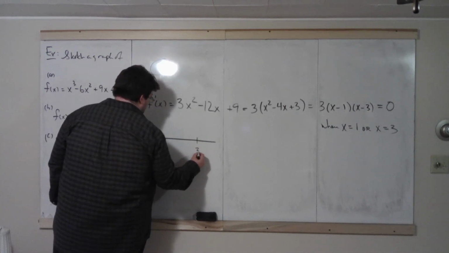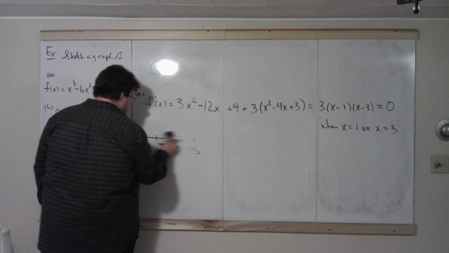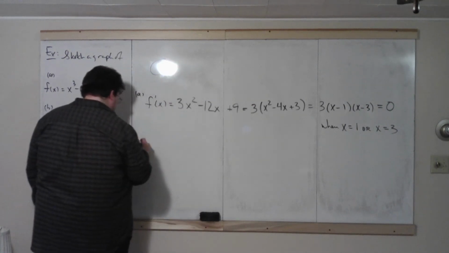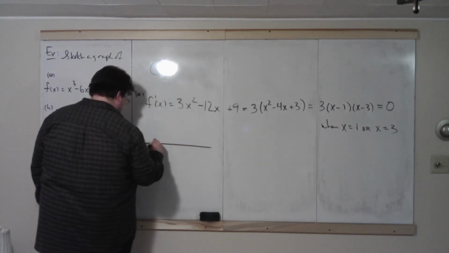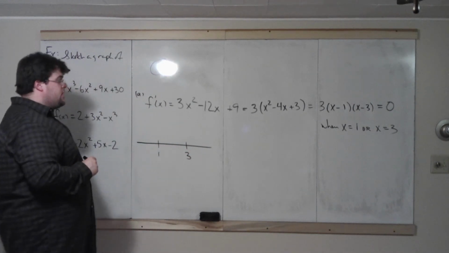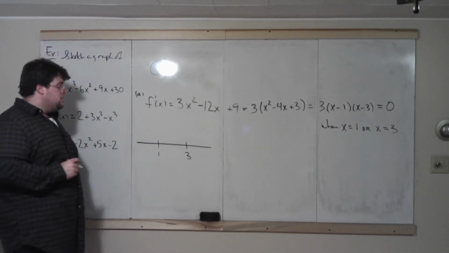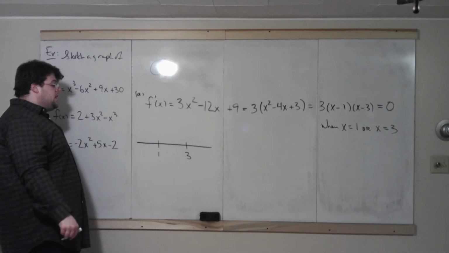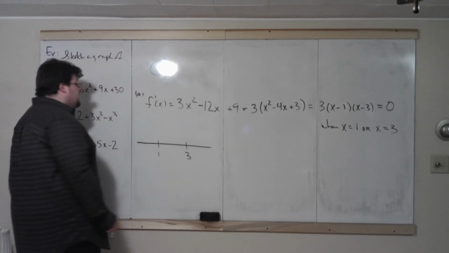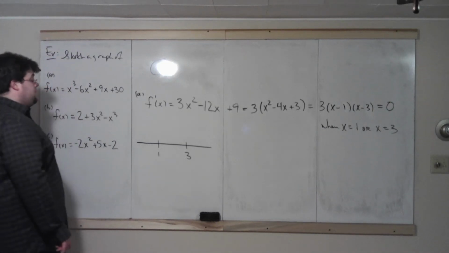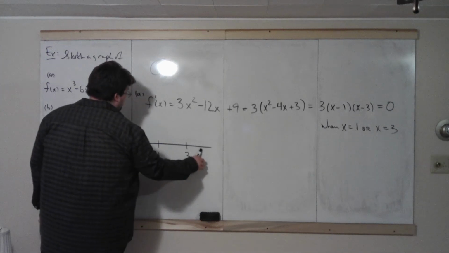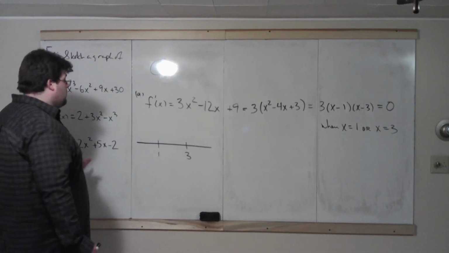So at 1 and 3, the first derivative is 0. That means over here, it's on one side of 0, in here it's potentially on another side of 0, and over here on another side of 0, positive or negative. We just need to figure out in each of these intervals whether the first derivative is positive or negative.